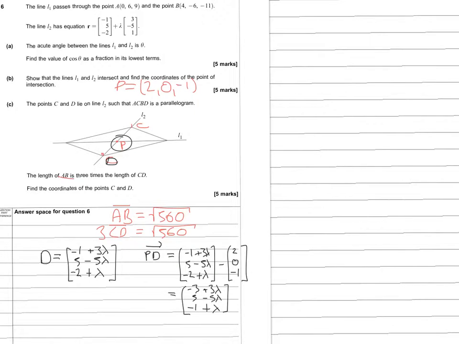Okay, so now I've got PD, and I know PD is half of CD, so 2 lots of PD equals DC. So AB, the square root of 560, is equal to 6 lots of PD.